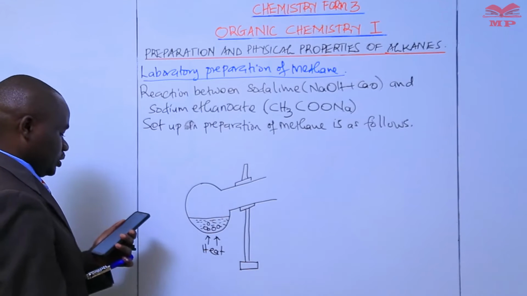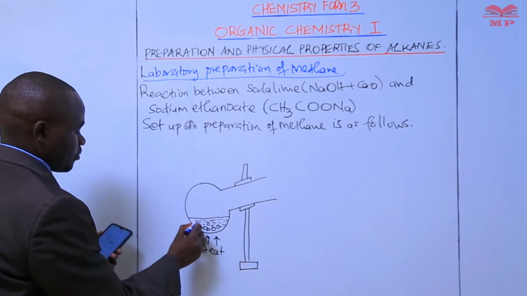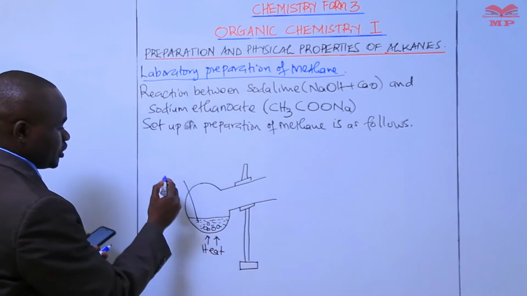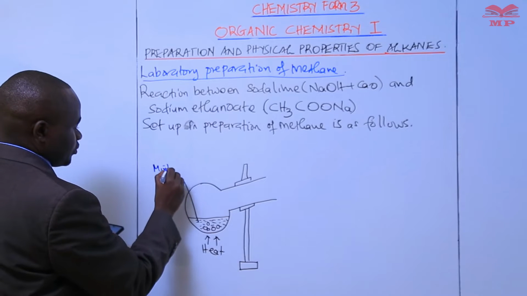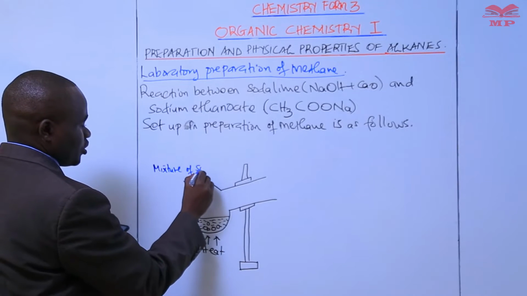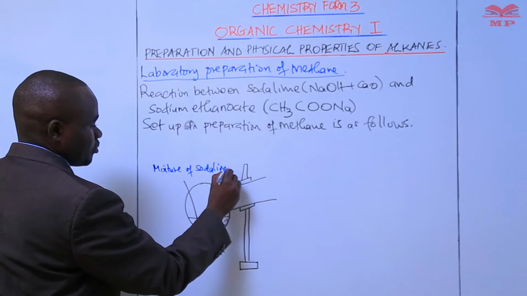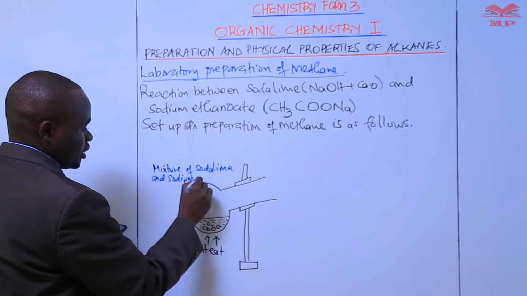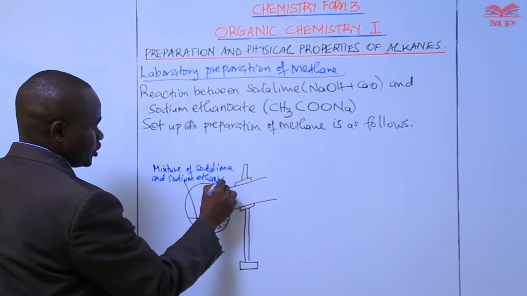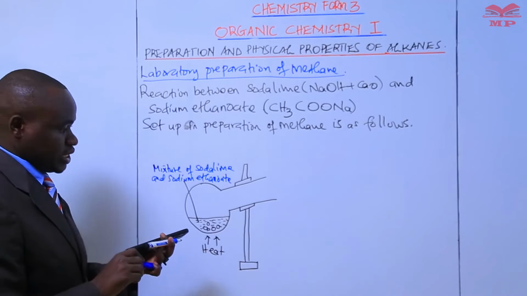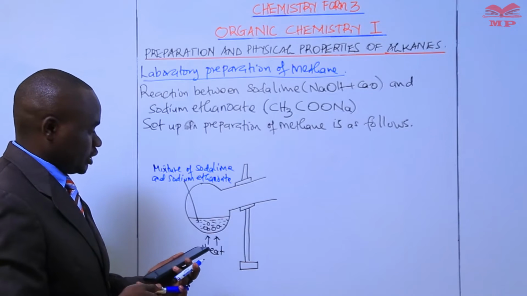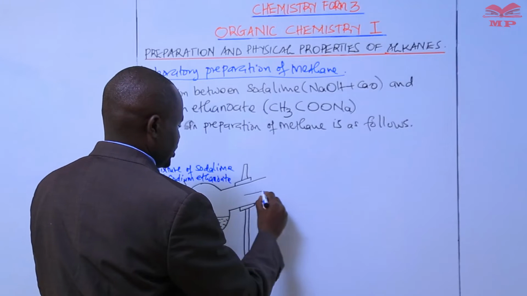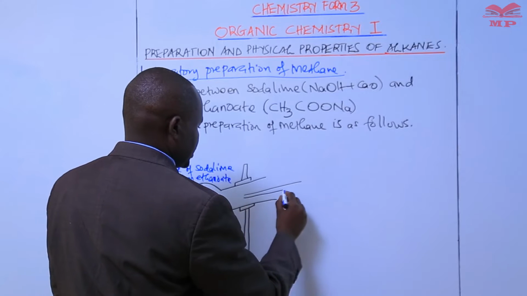You heat. So here we have a mixture of soda lime and sodium ethanoate. So the two are put together in that round bottom flask, which is then heated. During heating, we have products.